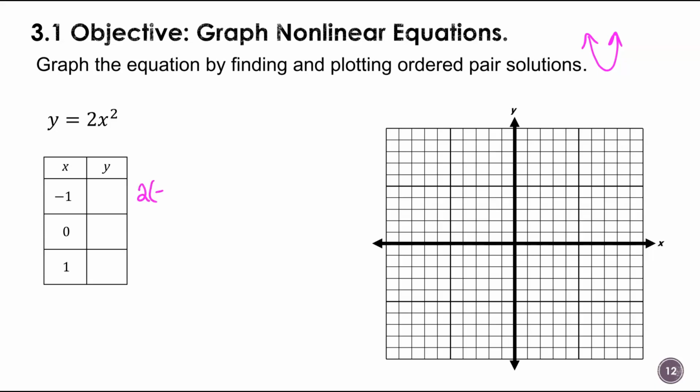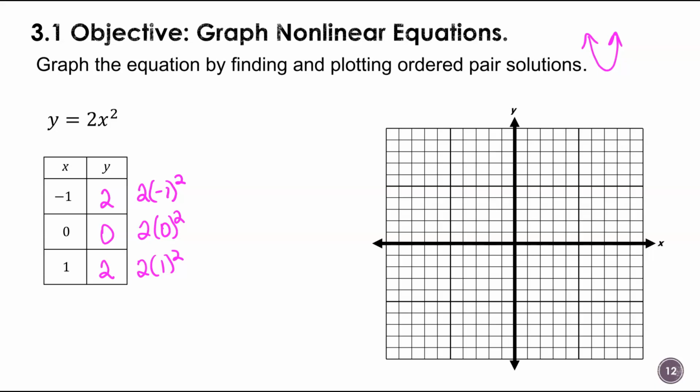So we take 2 times -1 squared. -1 squared is 1, right? And 2 times 1 is 2. Oops. 2 times 0 squared is still going to be 0. 2 times 1 squared will be 2 because we still get a 1 when we square that.